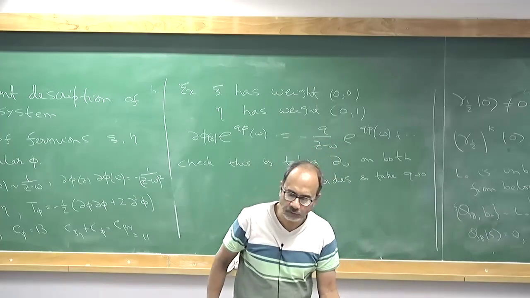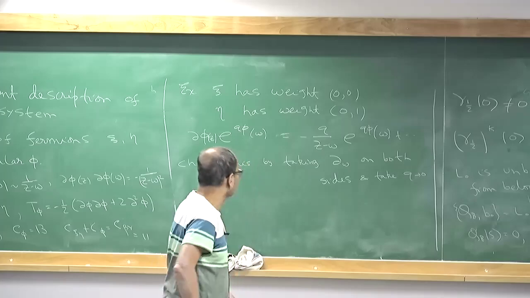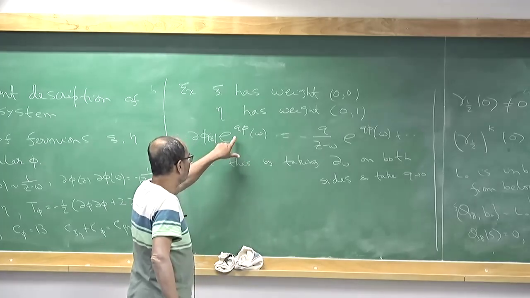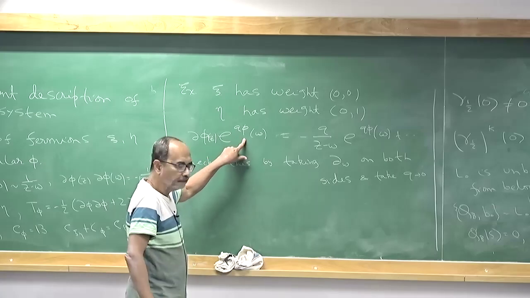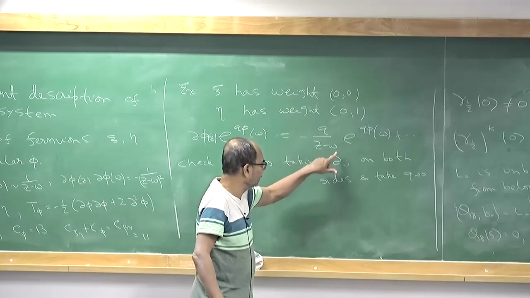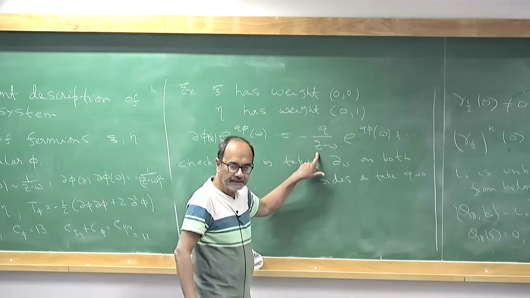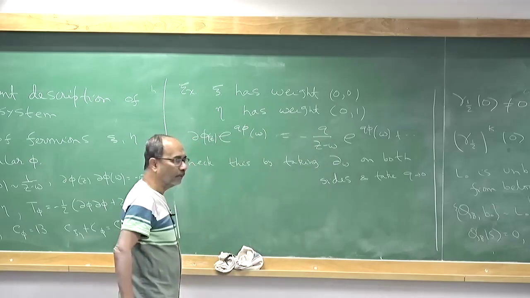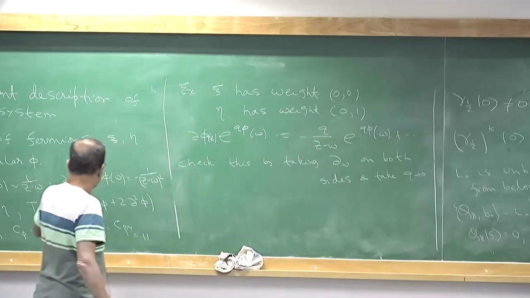Yeah, that's one way to test this, because if you take del w, it will bring out a q del phi times e to the q phi. On this side, if you take del w, the leading term will come from here. By taking the derivative, the q's will cancel, and then if we just remove the e to the q phi part, you recover this.